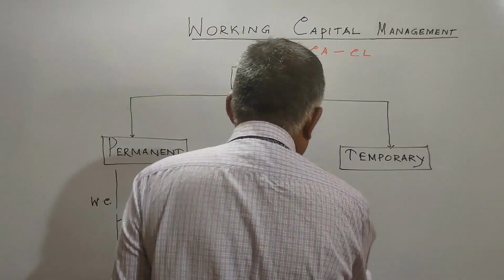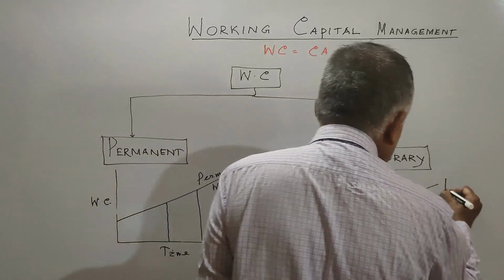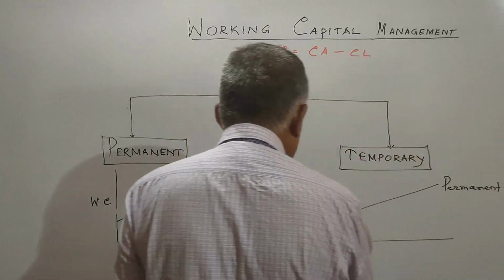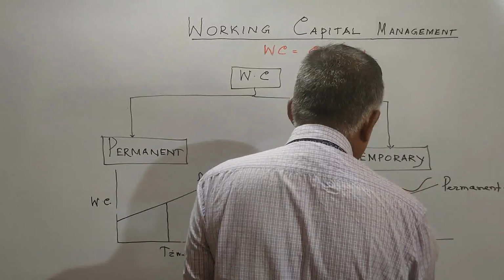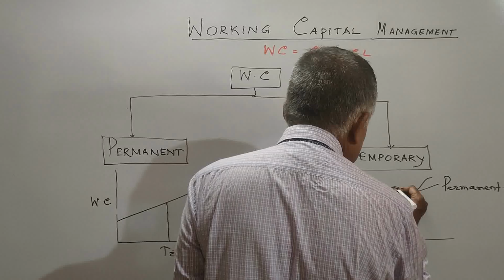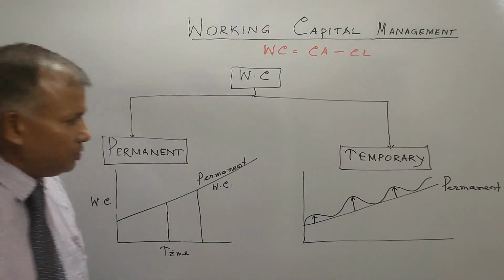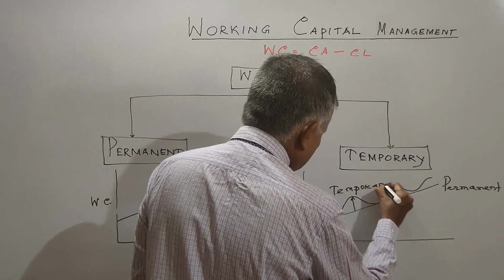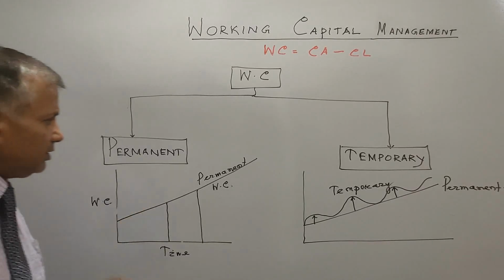For the temporary working capital, we can draw a graph here. This is permanent working capital, and the temporary working capital will be like this. These are all temporary needs of the business. This is your temporary working capital. Generally the company plans for the permanent working capital.